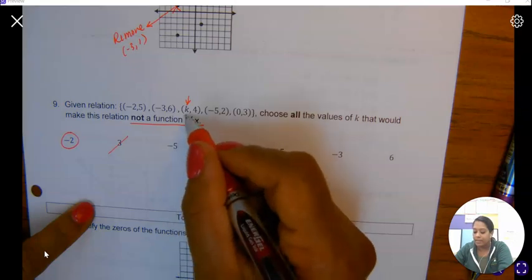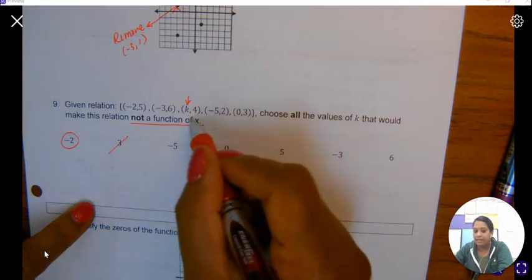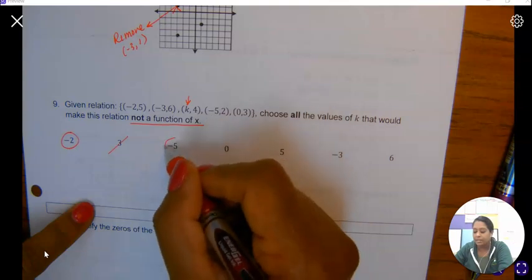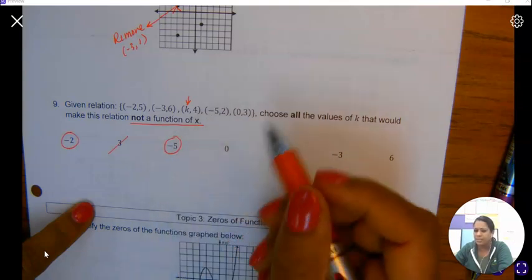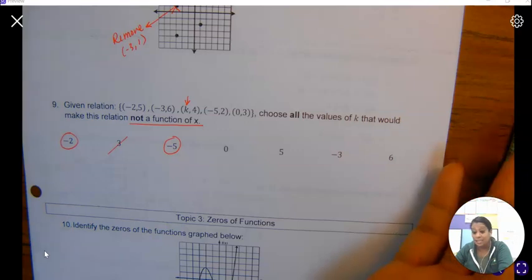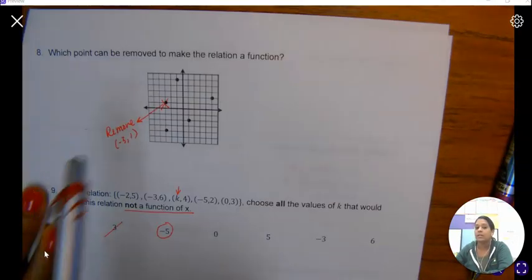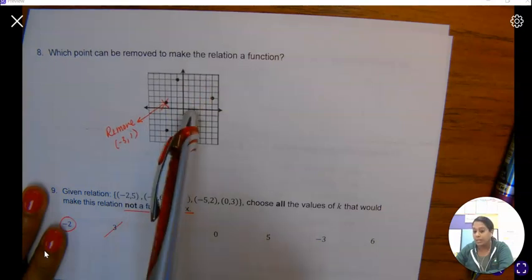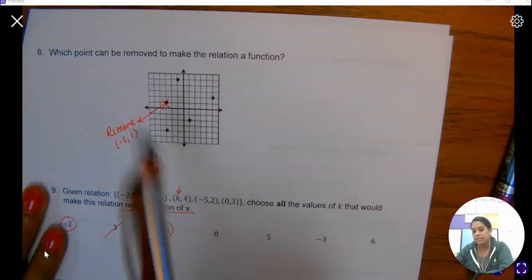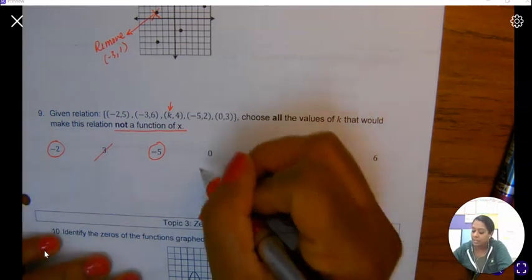If I pick -5, then -5's would be repeating, so this would make it not a function. It's a really weird question. And guess what? This is an SOL question. A question like this will appear on the SOL. A question like this also will appear on the SOL. Okay, so these two are SOL type questions.